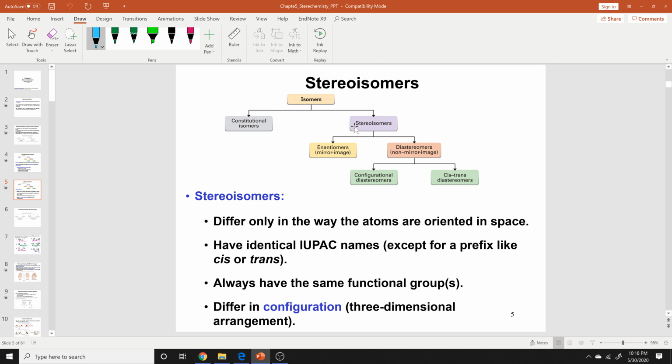So the connectivity for stereoisomers is the same. You still have the same molecular formula and the same connectivity of atoms, but the difference is the rotation in space. So they differ in configuration. Configuration is basically the three-dimensional arrangement, which is the rotation of the molecule in space. And we will talk about the configuration of the molecule in a second.